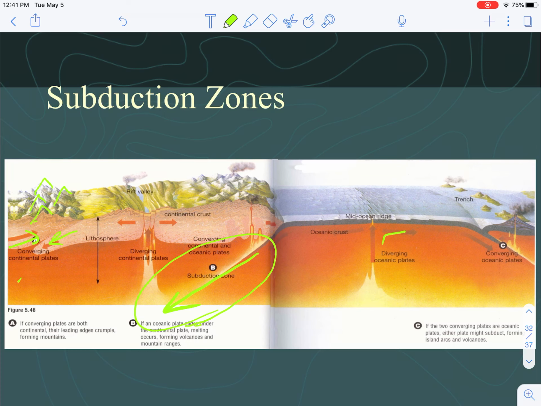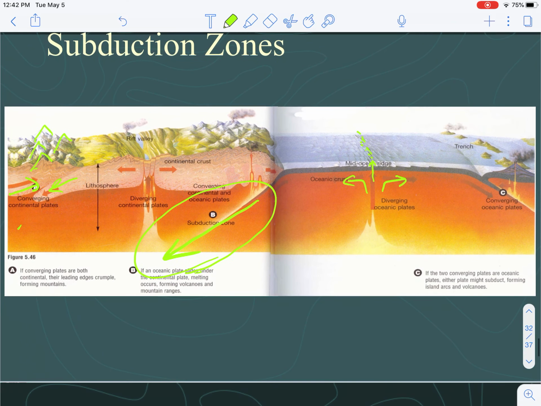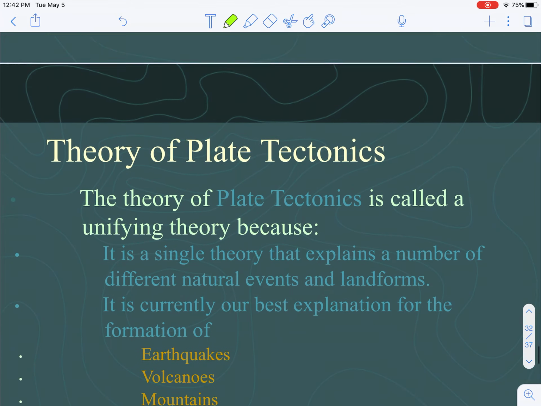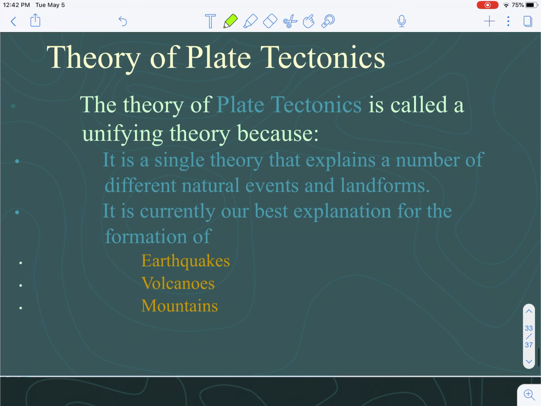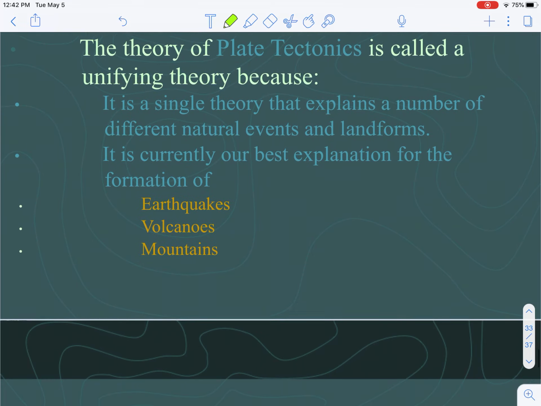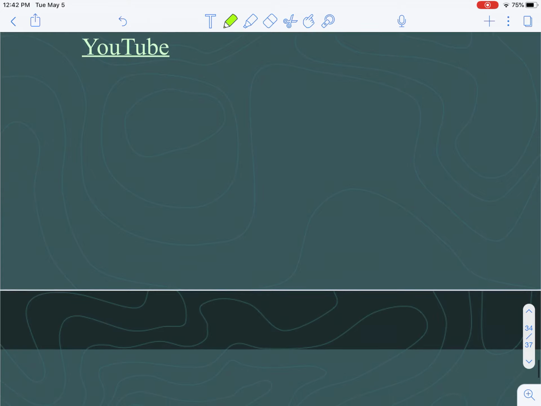Over here they're showing converging, or a place where plates are pushing towards each other, causing mountains to form. And over here they're showing diverging plates that are pulling apart as magma then has a little space to flow up and form some new Earth's crust here at the mid-ocean ridge. So all those formations are in this diagram. It's a good one to review from your book.